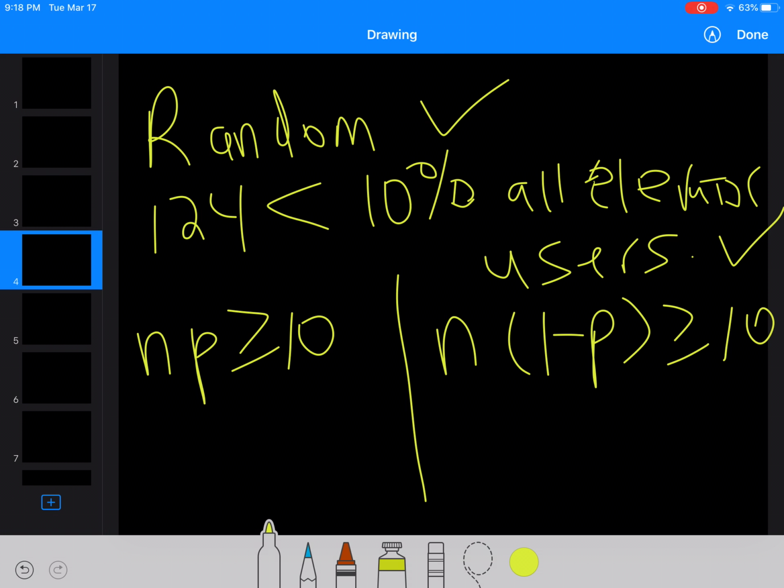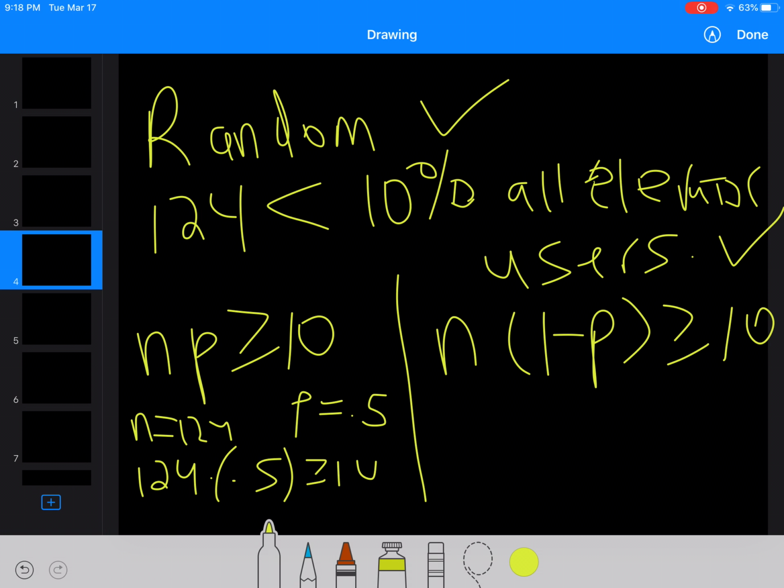So remember from the problem, p is 0.5, let's write that down. So n from the problem was 124. So n times p, 124 times 0.5 is definitely bigger than 10. It's actually going to be 62. Is greater than or equal to 10.